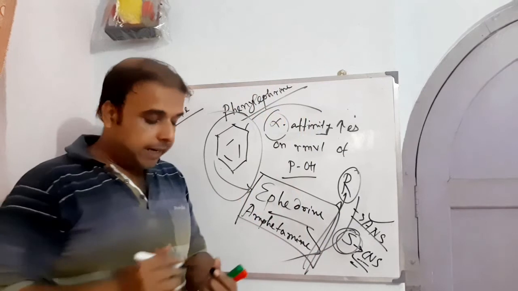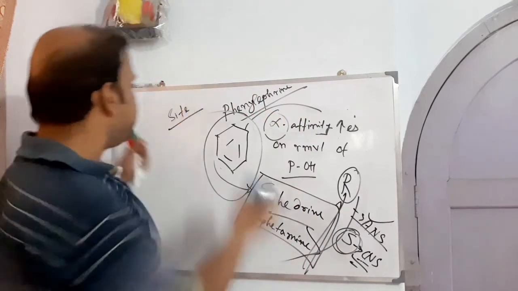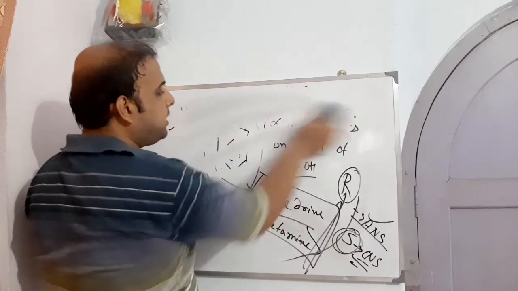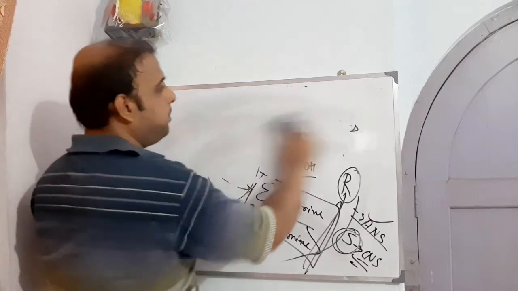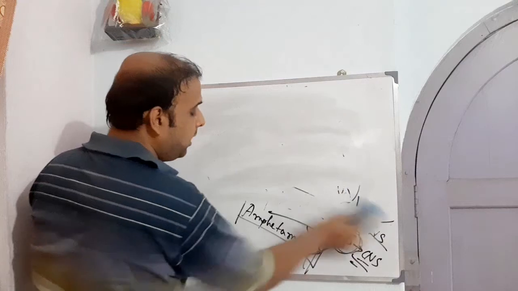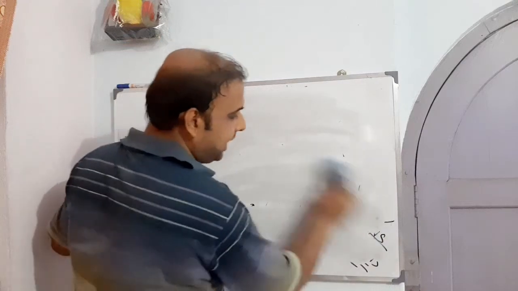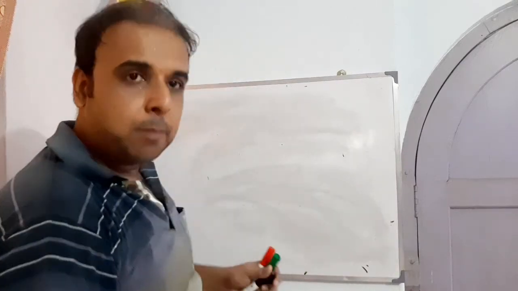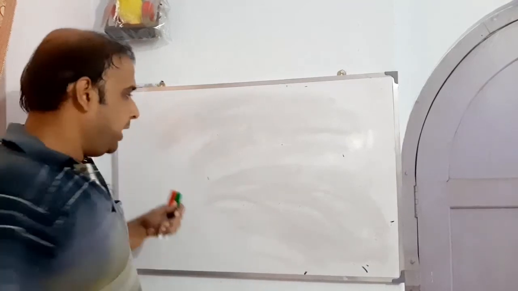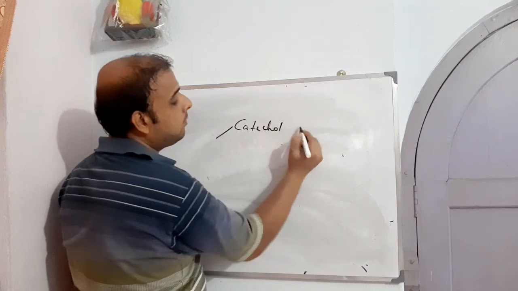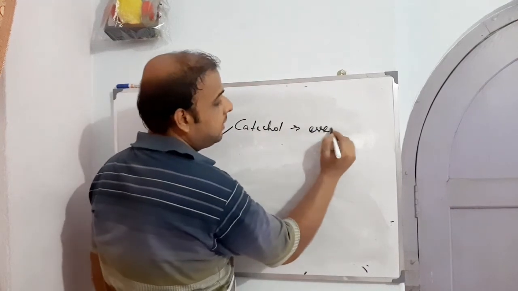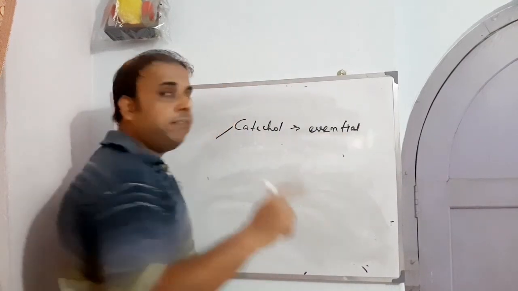So in a nutshell, what are the modifications that are acceptable in site 1? First, what we observe: catechol is essential, essential for both the affinities, alpha and beta.